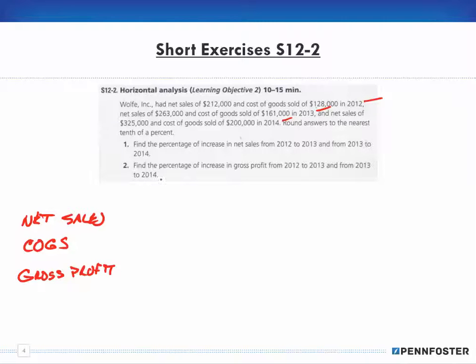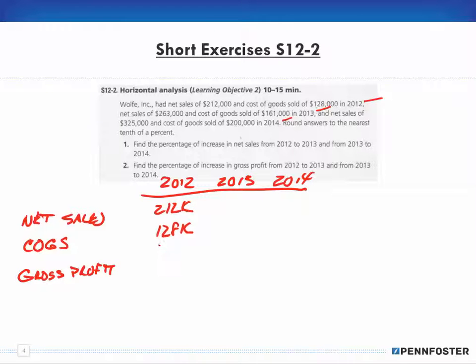So we have 2012, 2013, and 2014. Net sales in 2012 is $212,000. 128,000 is my cost of goods sold. The difference between those two is 84,000.